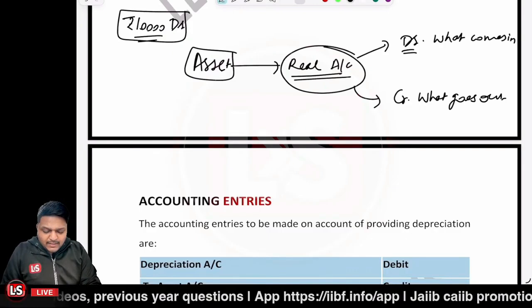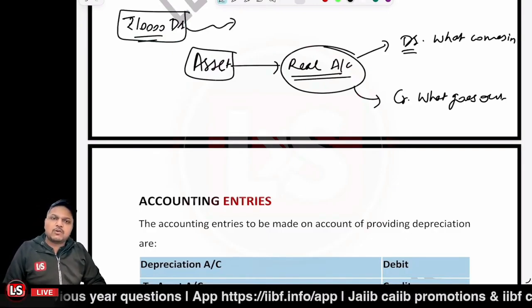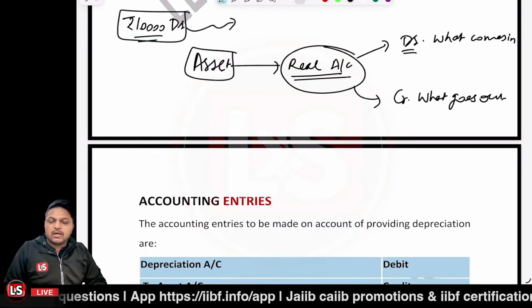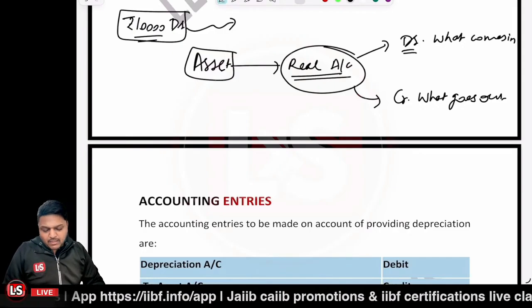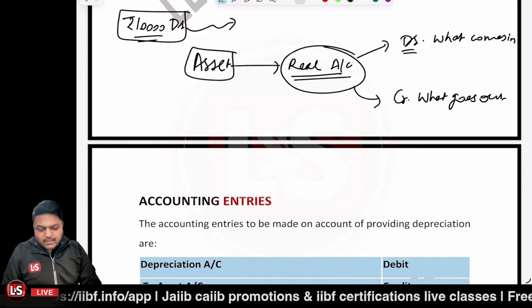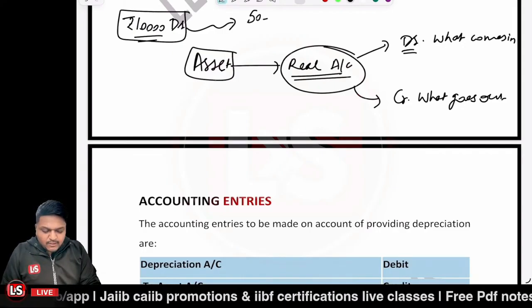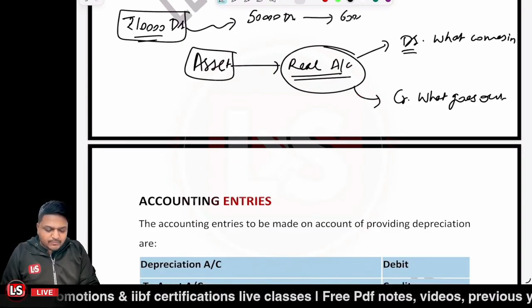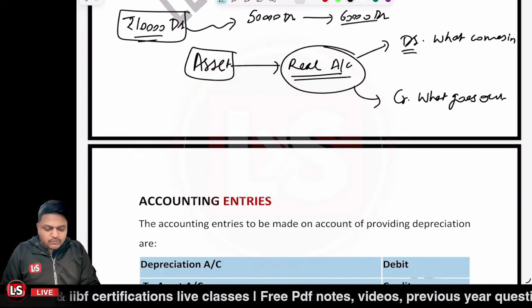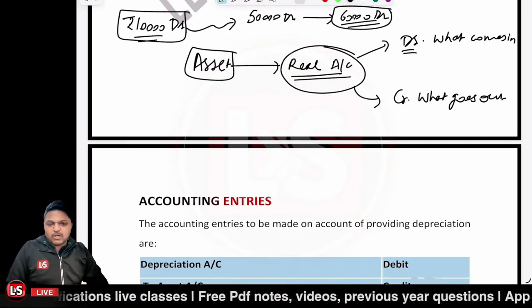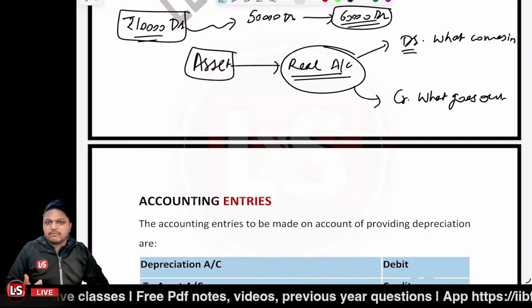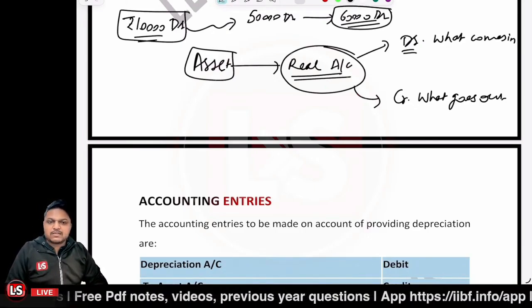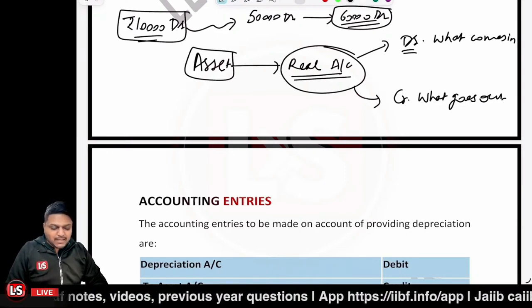When you increase this value, let's say you received rupees 50,000 from the buyer, you debit it again. So we debit rupees 50,000 to it, so the balance increases to 60,000. Again, it will be a debit balance. A debit balance in the cash book means you have an asset, funds with you. Is that clear?